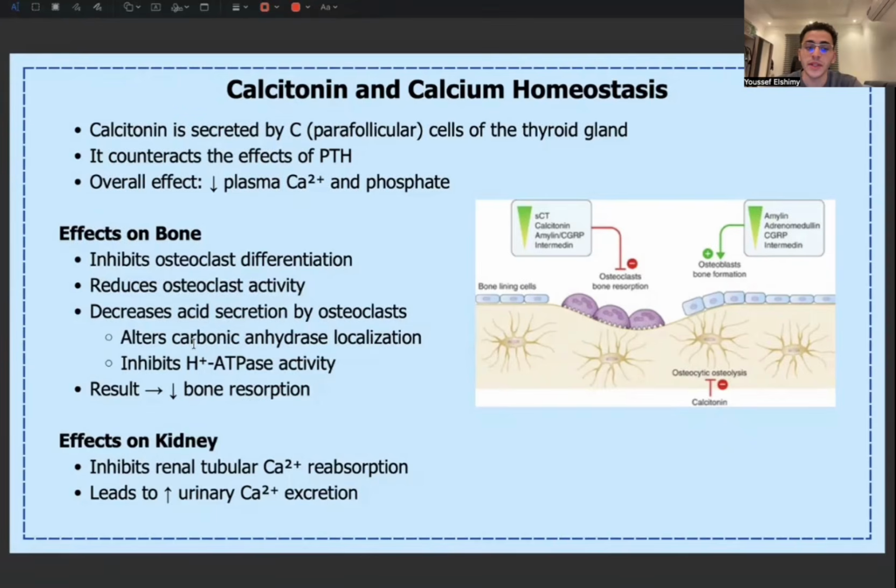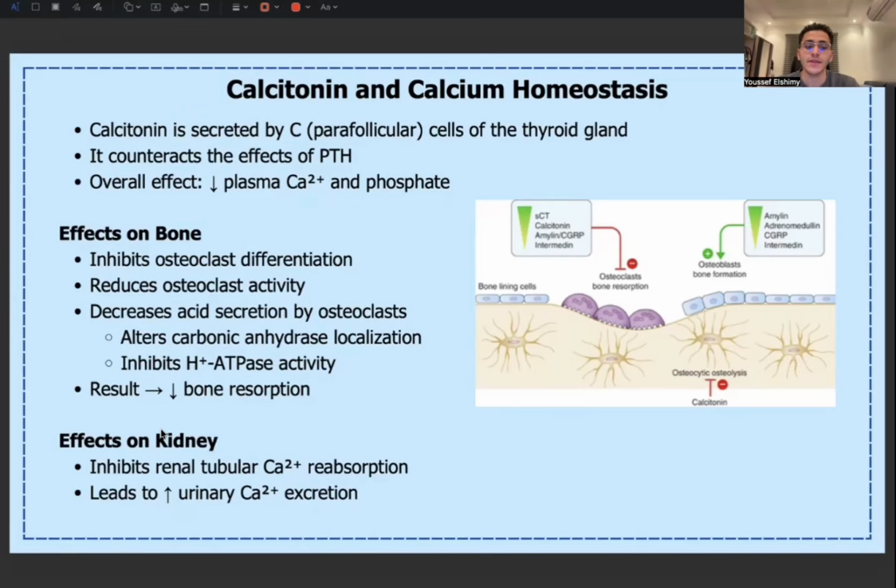Not only that, but it inhibits the hydrogen ATPase activity. We mentioned that this channel pumps the hydrogen ions from the osteoclast into the resorption pit. By inhibiting this activity, it would lead to decreased acid secretion by osteoclasts, and as a result, reduced osteoclast activity. So the final result would be decreased bone resorption.